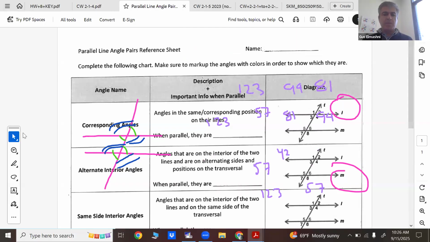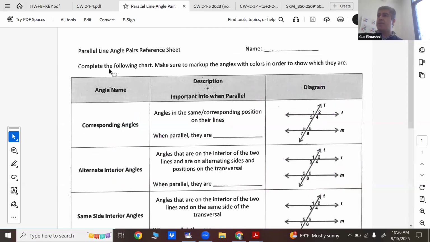We do need to just summarize what's going on with parallel lines. Everyone should have this sheet. I handed this out just this morning, and all the stuff I just gave you guys should be in the single sheet in all the handouts you have. I want to do this first, and then we'll go to the next part. So remember, corresponding angles are angles in the same corresponding position on their lines.